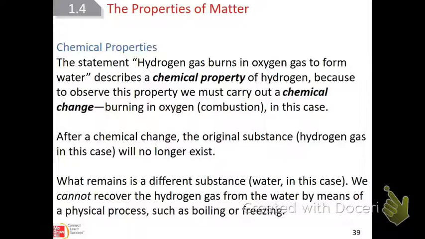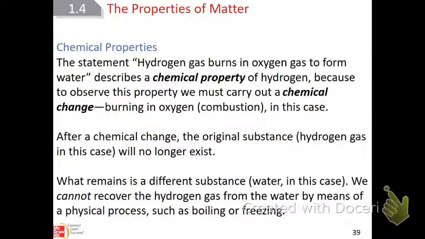Pretty awesome. Now, that's chemical property. When that acid actually does react with that salad or that rock or that metal, then that is a chemical change.